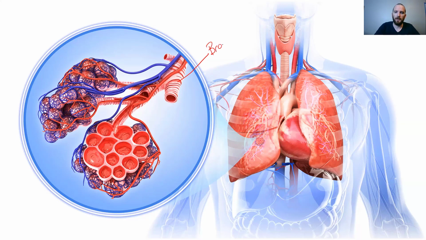So we have the tiny little bronchioles, and then we have the alveoli, which are kind of like little grape sacs. And then we have the blood vessels, those are our pulmonary veins and our pulmonary arteries, those smaller branches off.